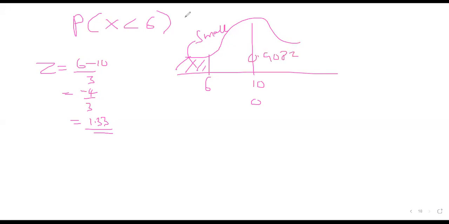How do we find the shaded region here? We subtract from 1. So when we subtract 1 minus 0.9082, we're going to get 0.0918. So this is the reading that we have here.